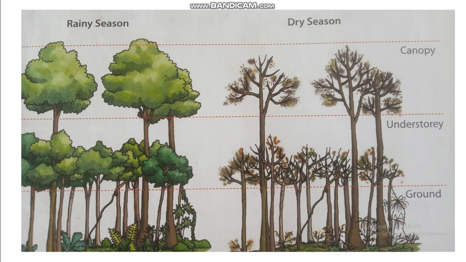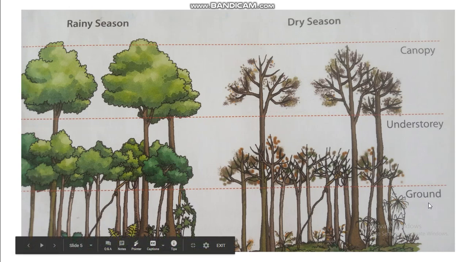Now we will see the characteristics of tropical monsoon forest. Tropical monsoon forest consists of three distinct layers: canopy, understory, and ground.